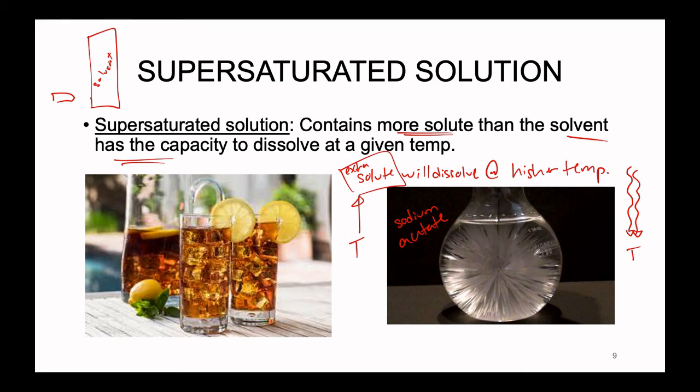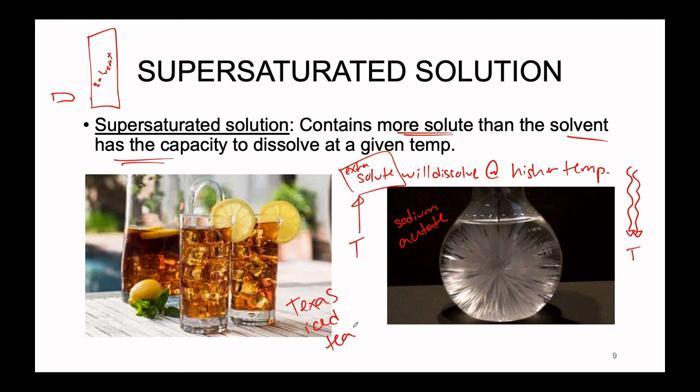Another very common supersaturated solution is that of Texas iced tea or Southern sweet tea. Southern sweet tea is made by boiling water and adding an abundance of extra sugar, which when slowly cooled back down will not crash out of solution.